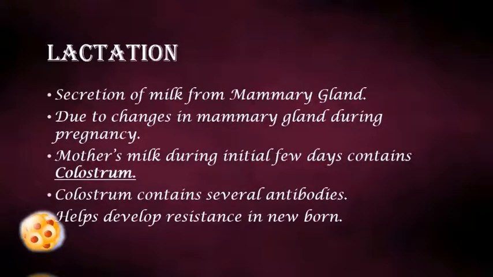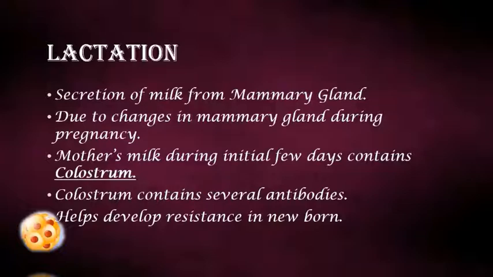A simultaneous change occurs in the mammary gland along with pregnancy. After parturition, mammary glands begin to secrete milk. Secretion of milk from the mammary gland is known as lactation. This is due to changes in the mammary gland during pregnancy. The mother's milk during the initial few days contains colostrum.